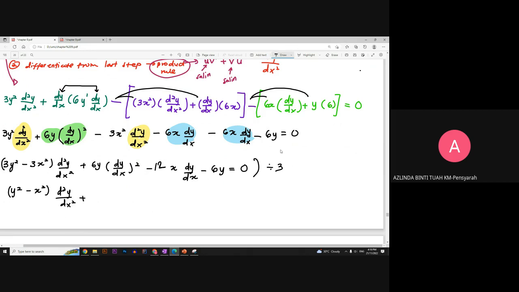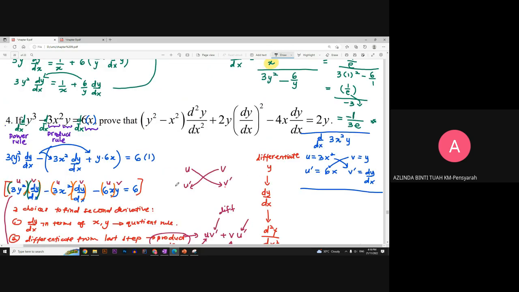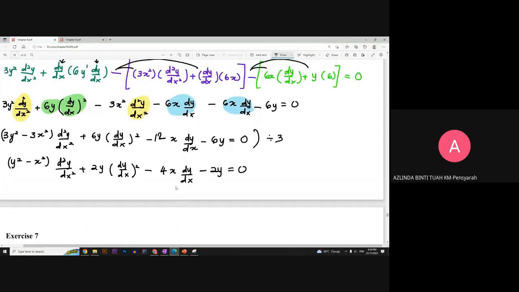Okay, ini bahagi dengan 3 akan dapat 2. Dapat 4. Okay, ini dapat 2y. So 2y inilah yang dia pindah ke kanan. We got exactly the same after we move the 2y on the right. So kena dapat sebiji sama macam yang dia minta. Jangan tinggalkan dekat sini. Barulah we can claim proven.